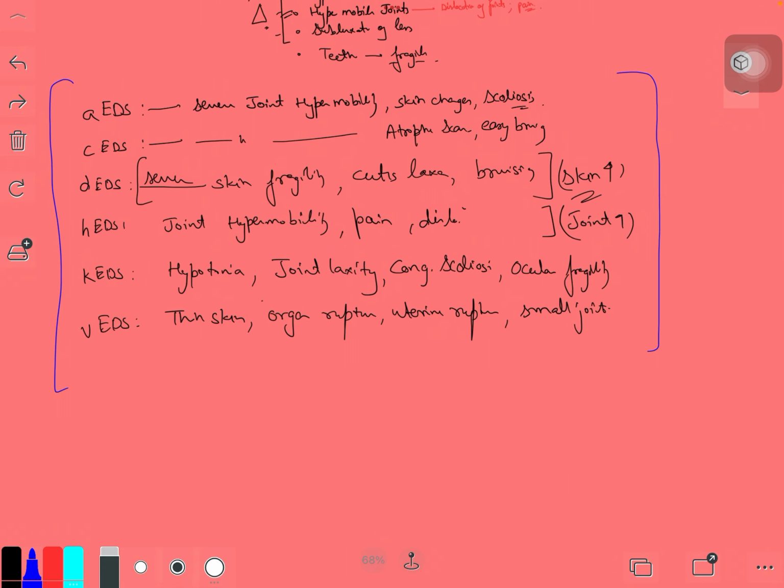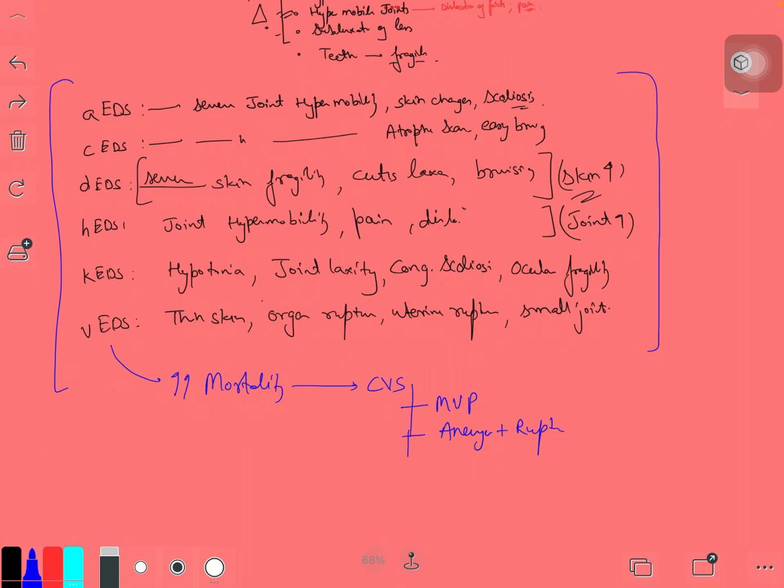Right. So for VEDS again, we said that it has the highest mortality rate. How is it actually causing the high mortality? It affects the blood vessels, and the system affecting the blood vessels is the cardiovascular system, and the patient can have mitral valve prolapse. There can be aneurysm formation.